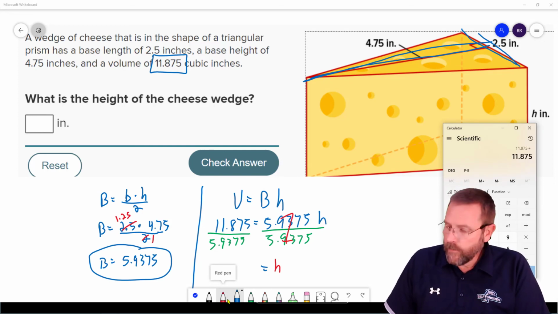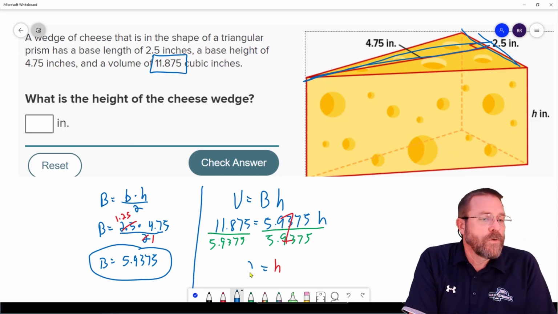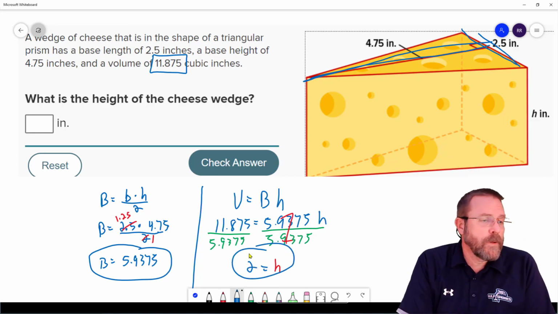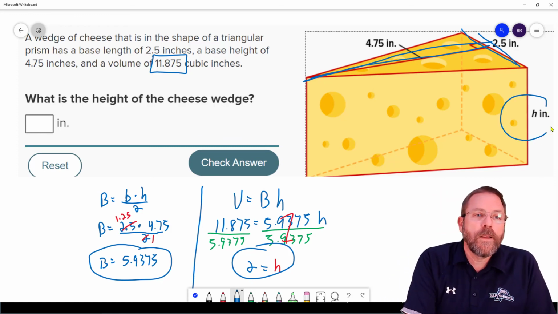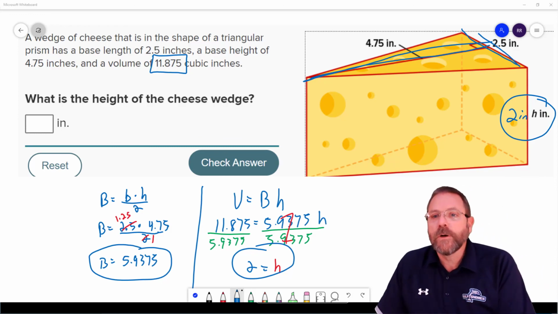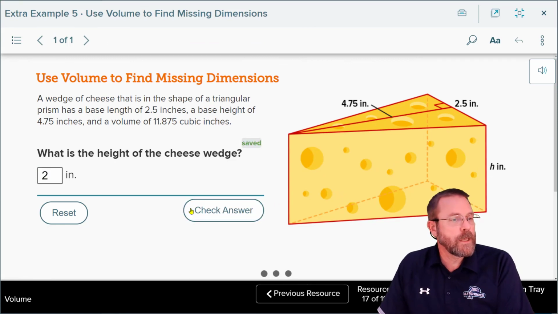I'm going to divide it by 5.9375 equals, and the answer is 2, which once again, that's a pretty anticlimactic answer right there. 2 is what we're going to get, so that means that this number right here, the height, is going to be 2 inches. I'm going to jump back over to my textbook, plug in my 2 inches, and check.